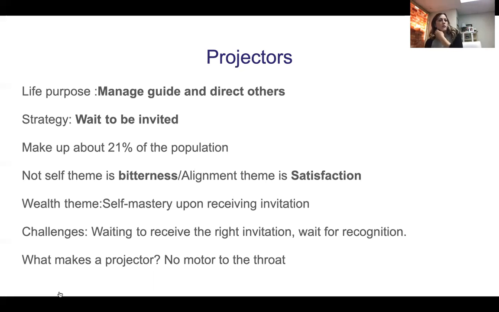Can I add something here? We were talking about the energy of a projector as a child. We're looking at the manifestor type, the projector type, and the reflector type. They can look like they have a ton of energy.